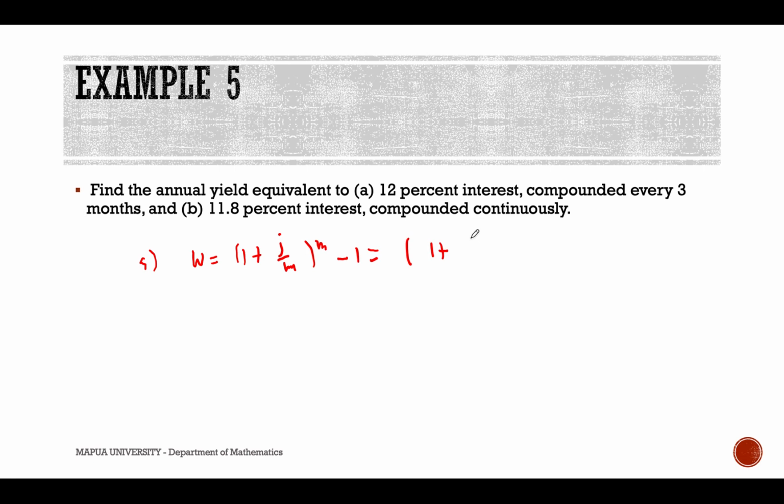So this is 12% compounded every 3 months. So in a year that would be 4, compounded quarterly. So raised to 4 minus 1. And the rate will be, in decimal form, 0.1255.